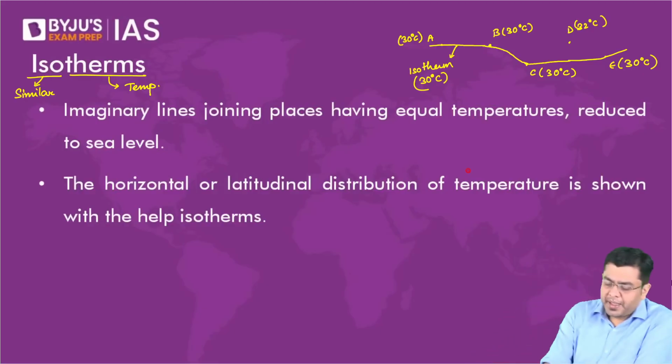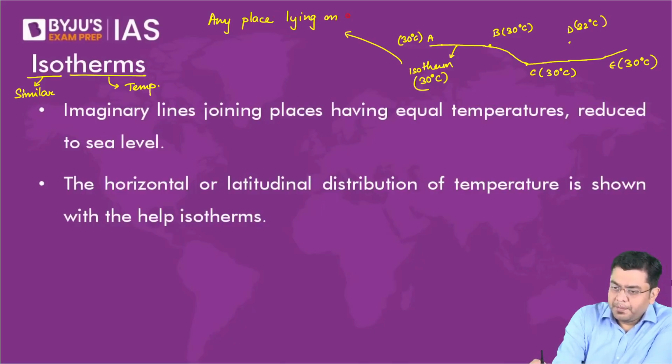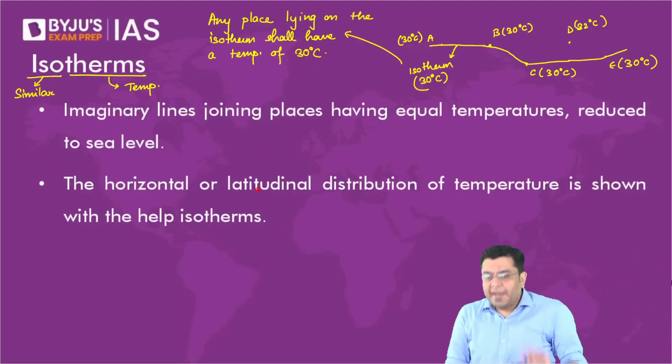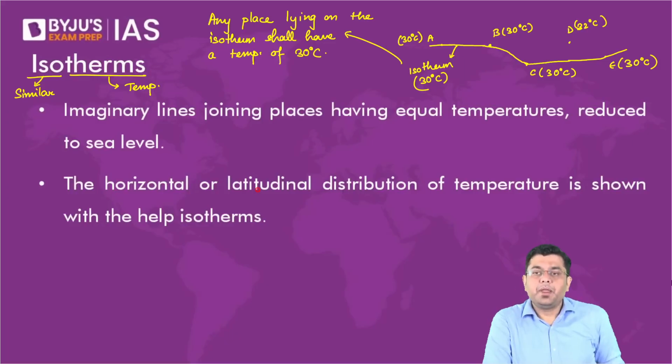Fair enough. So any place lying on the isotherm shall have a temperature of 30 degrees Celsius.